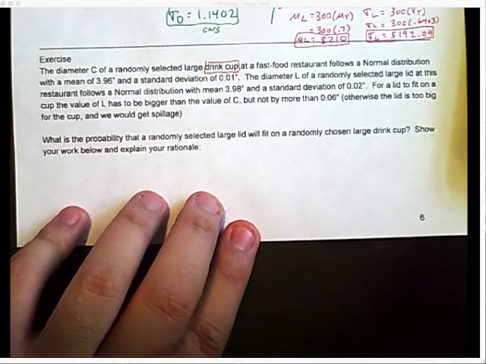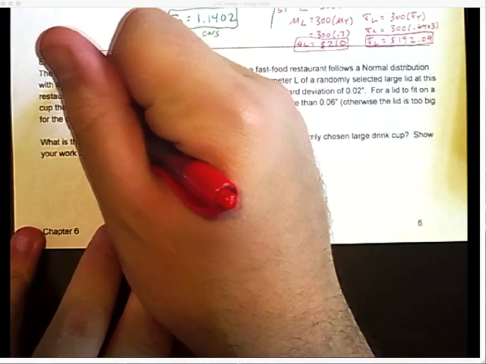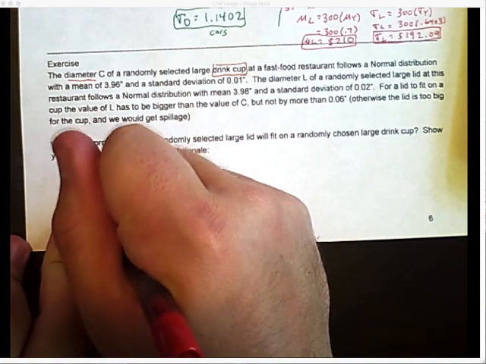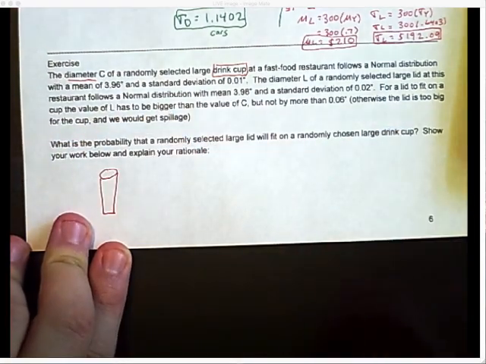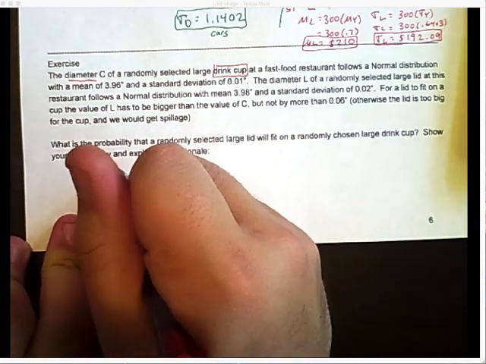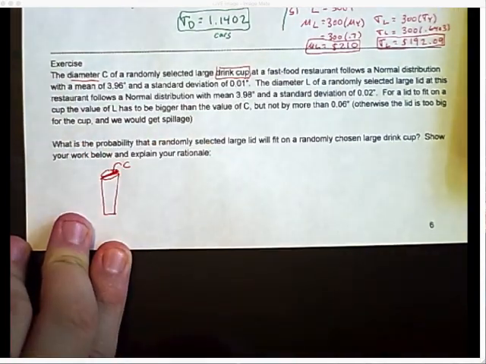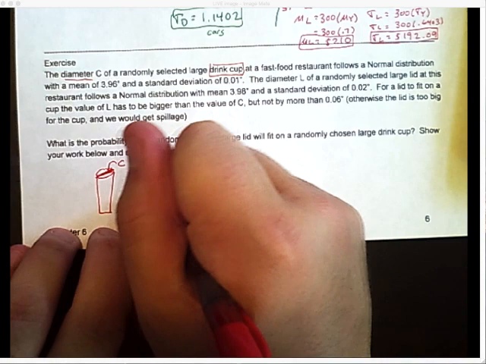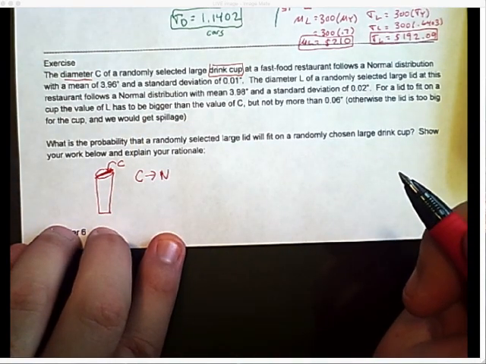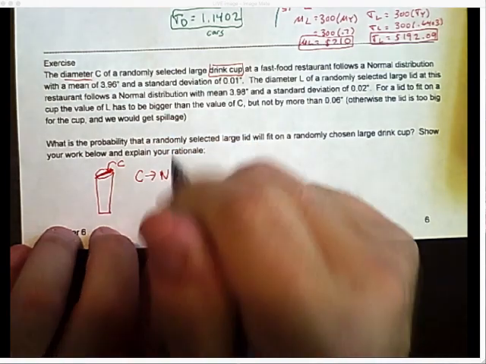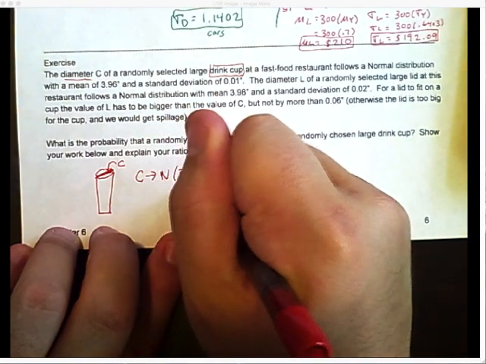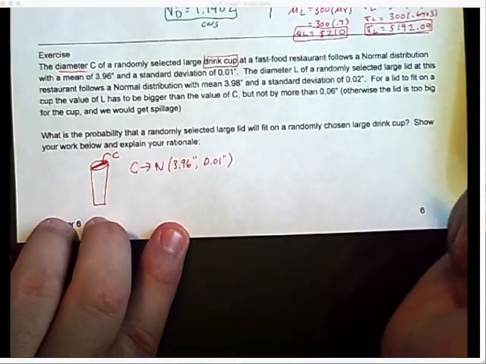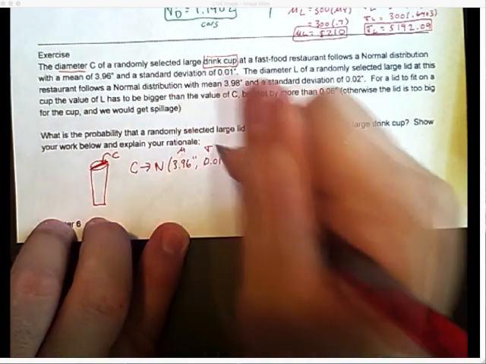So on the cup itself, the cup diameter, so if we have a cup, here's my cup, this diameter across the top of the cup is C. So C follows a normal distribution with a mean of 3.96 inches and a standard deviation of 0.01 inch. Okay, that's the mean, that's the standard deviation.